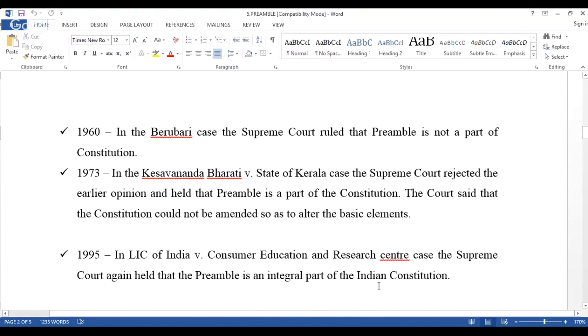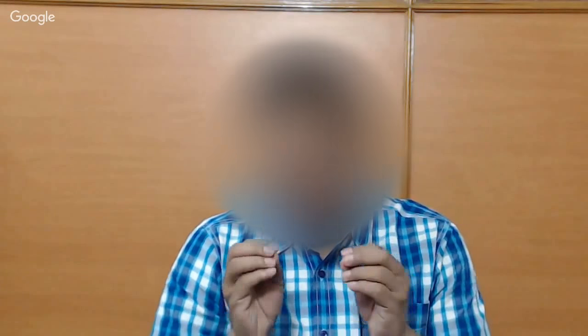What are all these cases that we'll be understanding over a period of time? But for the first time, when the question has arisen, remember two things. One is that preamble was the last one to be adopted and added to the Constitution. So there were some doubts since the beginning whether it is really a part of the Constitution or not.